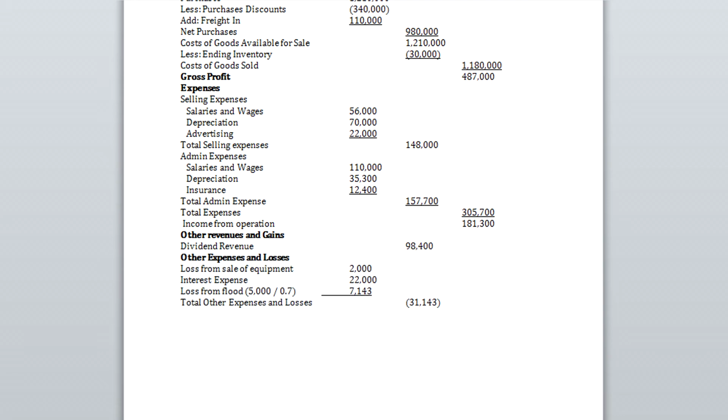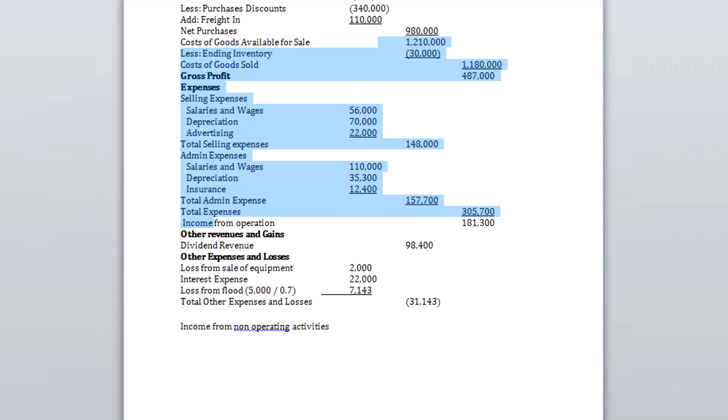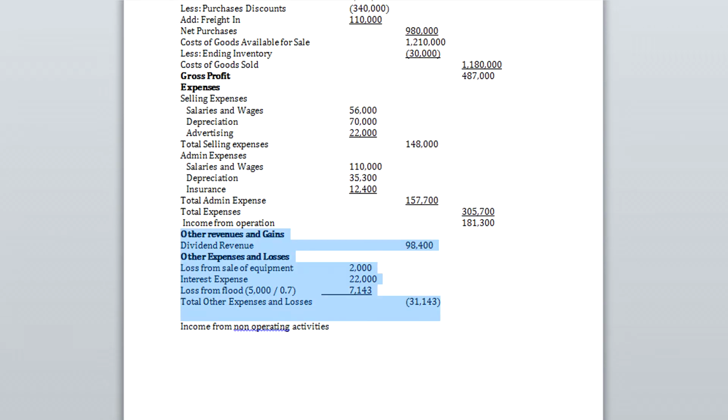So now we've done our non-operating revenues and we've done our non-operating expenses. So now what we're going to calculate is our income from non-operating activities. Up there, we calculated our income from operations, because that is our operating section. Well, this is our non-operating section, so we're going to calculate our income from non-operating activities.